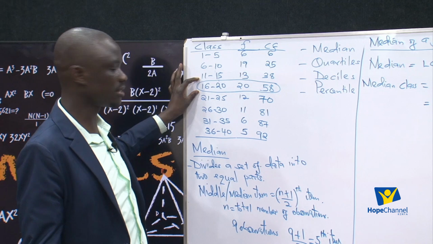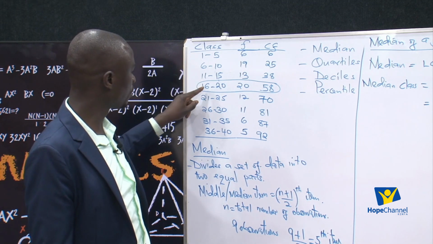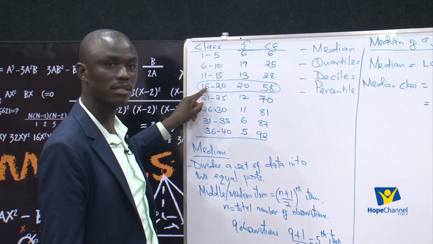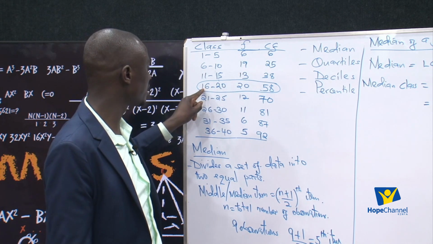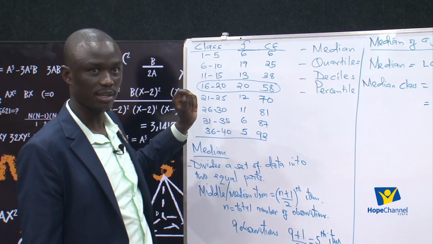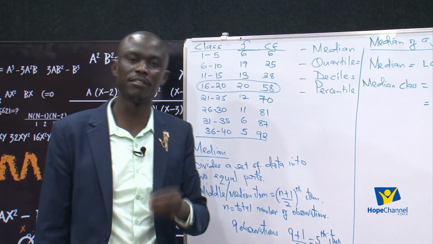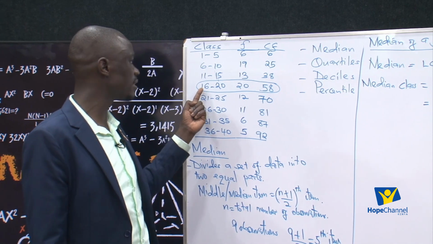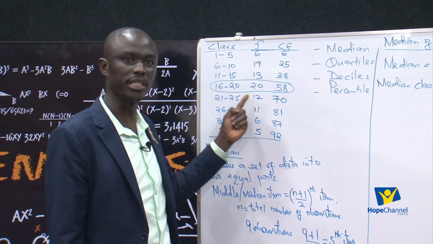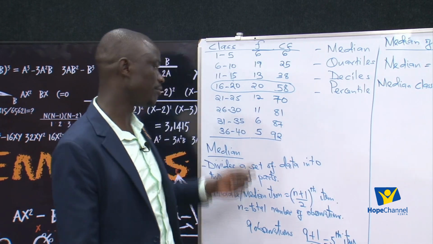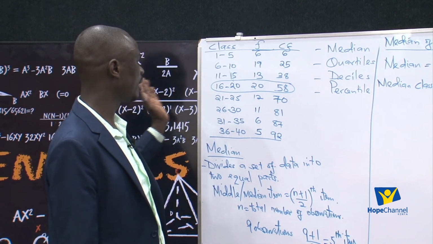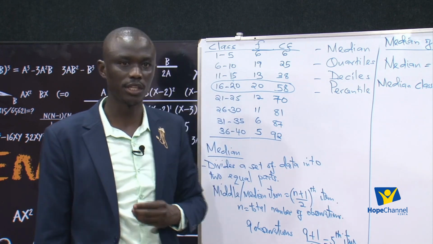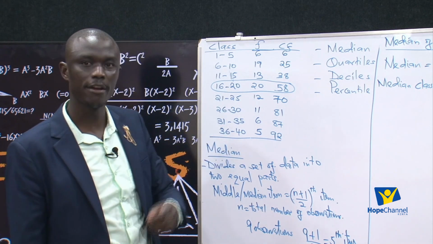So our median is going to fall between 16 and 20. If we calculate our median, at the back of our mind, we know that any answer between 16 and 20 is correct. But if we find an answer which is outside these limits, then definitely our answer is wrong. So this is where the median falls.